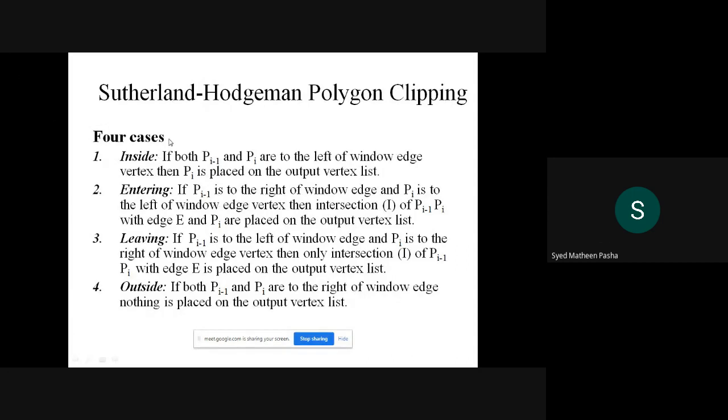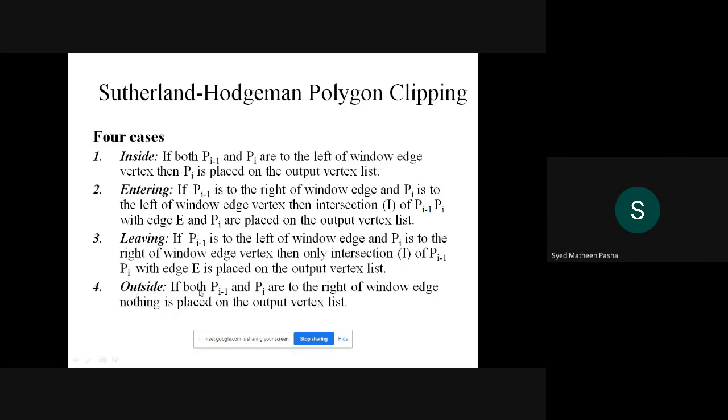That is, in the inside part, it should be on the left side. In the entering part, it should be towards your left as well as right. In the leaving part, if one point is towards your left and the other is towards your right, with respect to these points, we will consider those points to be displayed onto the output vertices list.